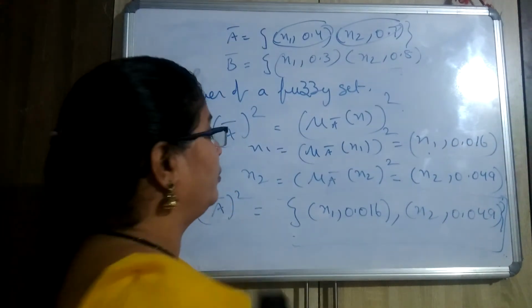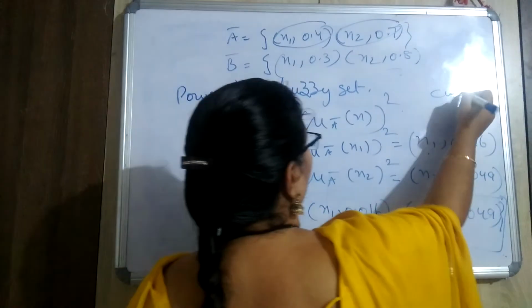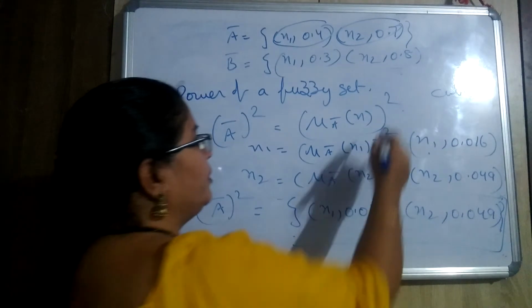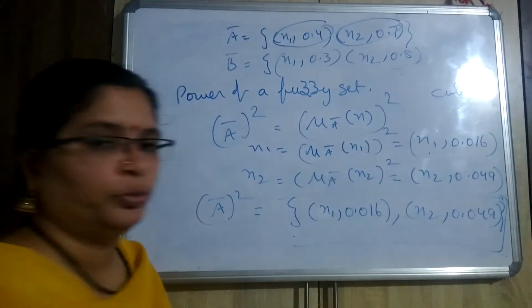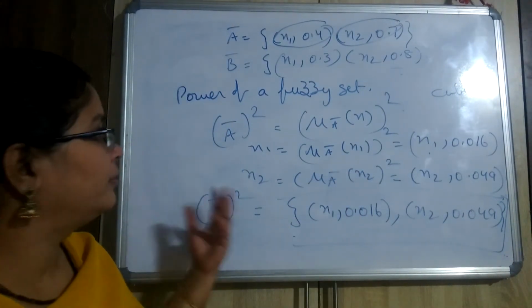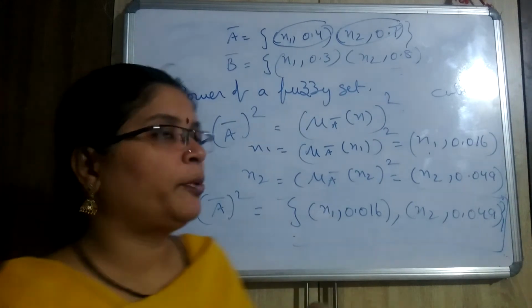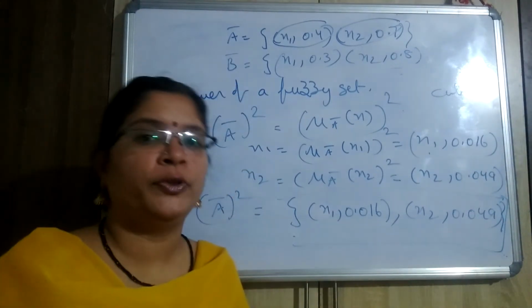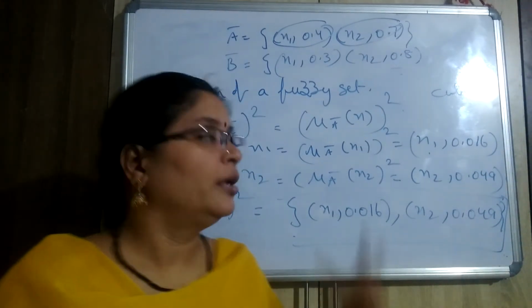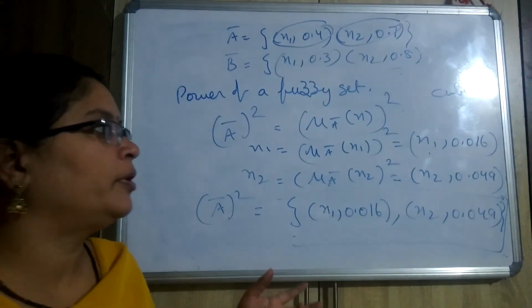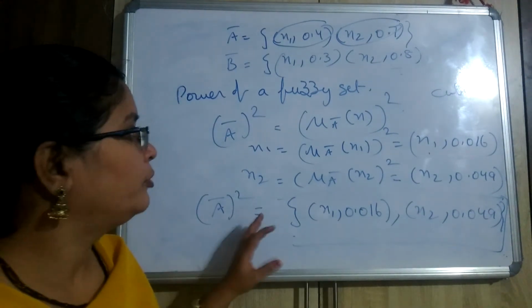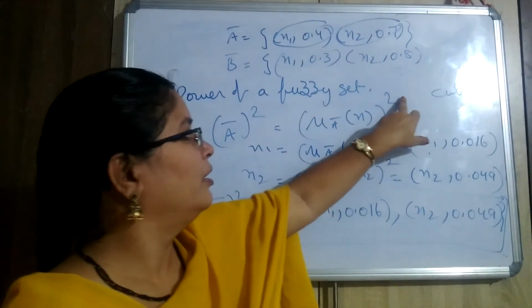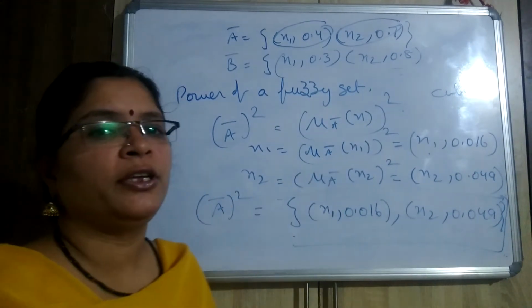Not only the power, we can do the cube also, to the power of whatever it is. It may be 3, it may be 4, we can do it with the help of the product operation. I am giving the square operation here because it is very easy to perform.